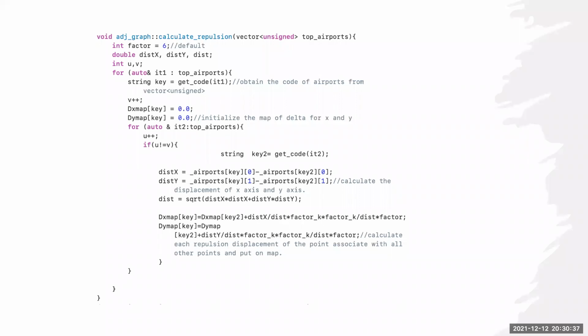The calculation is mainly done by using the actual airport distance as weights between each point. This means that if the distance is large, they are going to be farther away from each other, and there seems to be a repulsion force happening. We use two maps to store the displacement which should be imposed on each point, the dx map and the dy map.